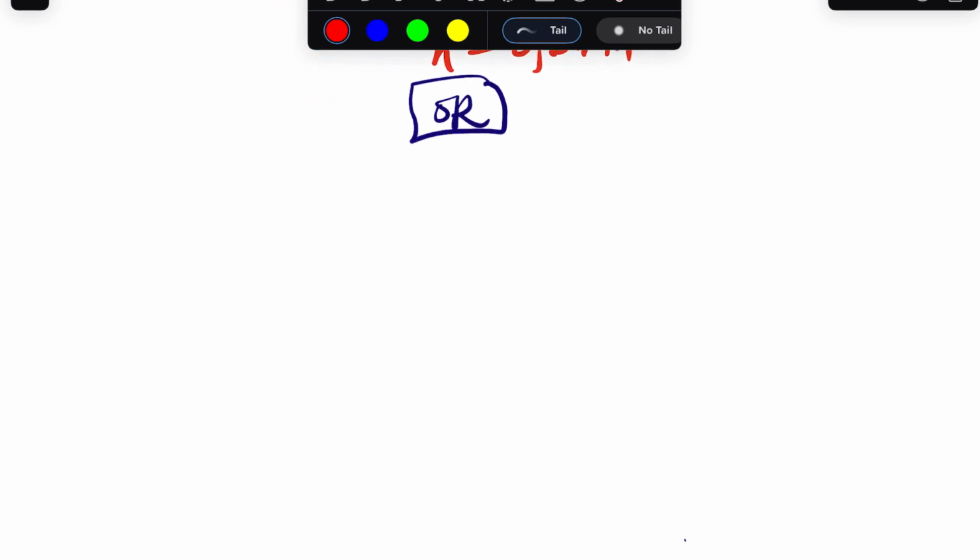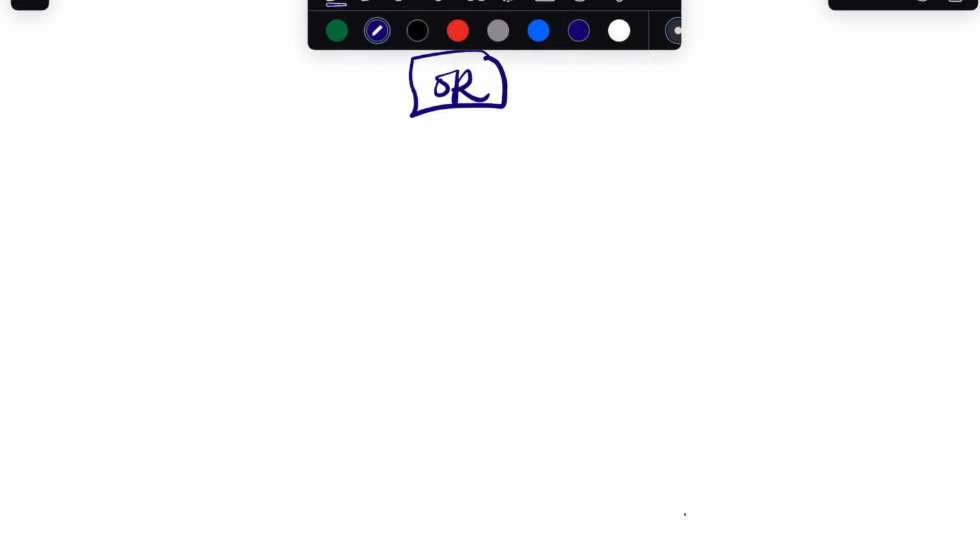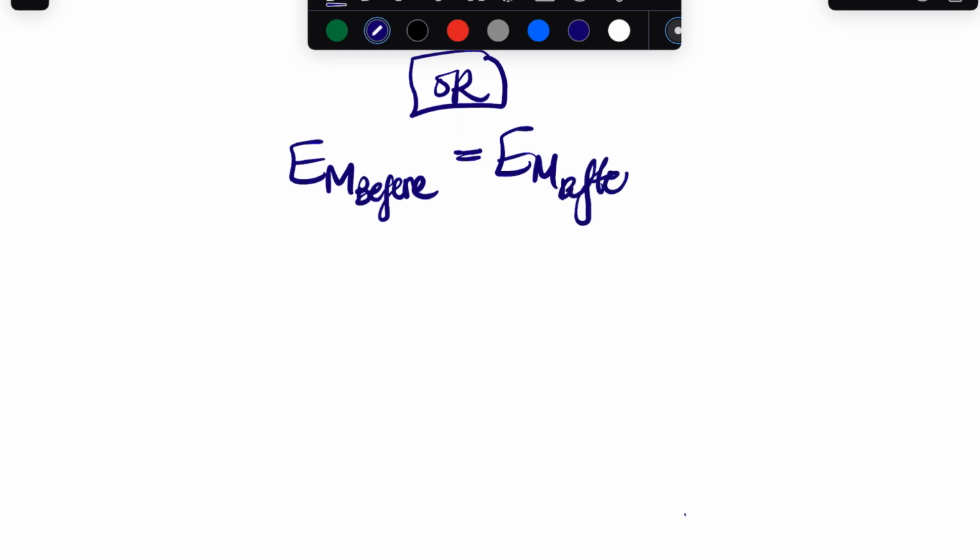Okay, let's do it. This one requires space. I'll say the mechanical energy before is equivalent to the mechanical energy after. Now, guys, you need to pay attention here. We'll say the mechanical energy of the bulb plus the mechanical energy of the block.